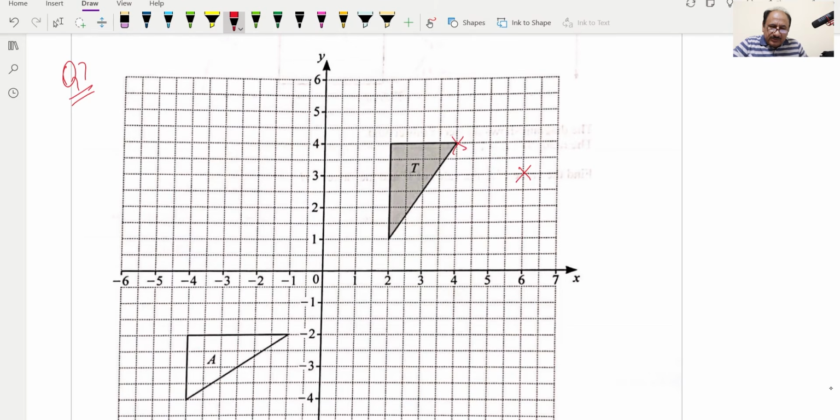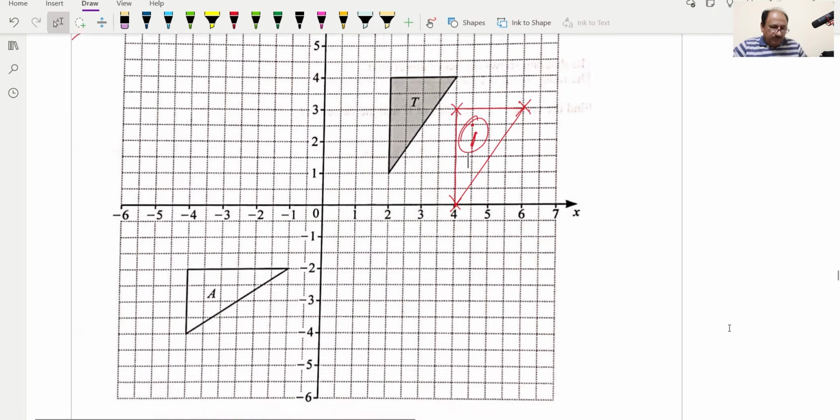Now this point is translated over here, and similarly this point will be translated to this point, and this point will be translated to here, and our translated triangle will be by joining these 3 points, and this is basically the translated triangle which we have drawn. And this is the answer for part 1, so I'm writing here 1 so that you can identify.